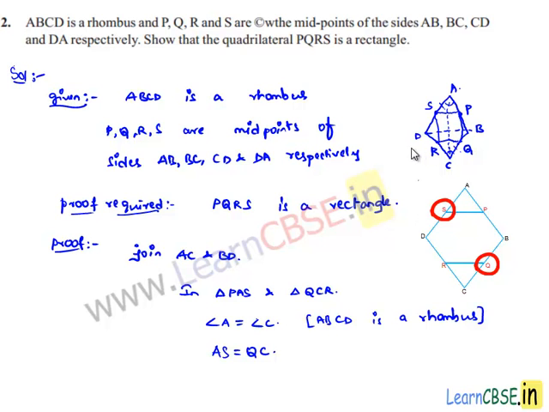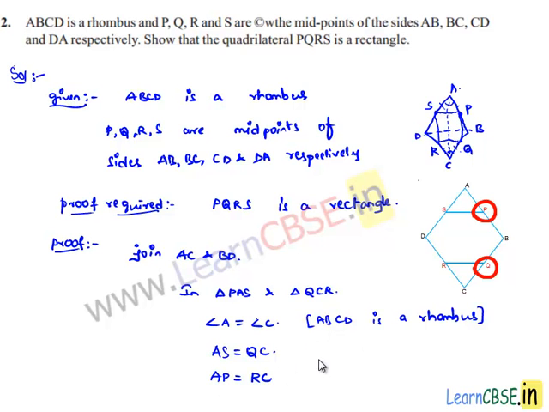Since we know that in rhombus all the sides will be equal, S divides AD in its midpoint and Q also divides BC in its midpoint, so AS is equal to QC, and similarly AP is equal to RC.